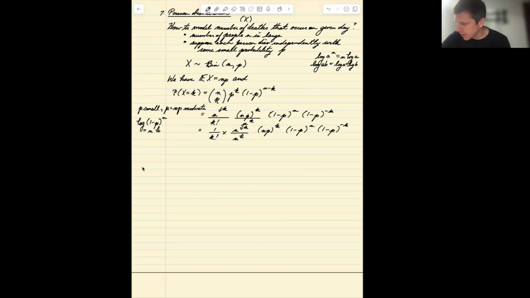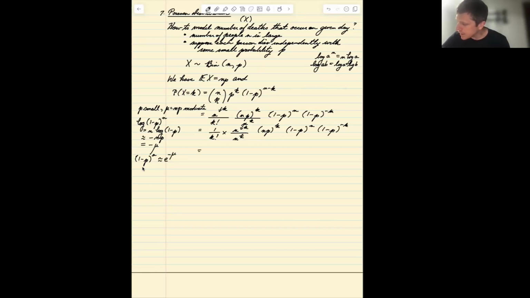So this is equal to n log(1 minus p). For very small values of p, log of (1 minus p) is like minus p. So this is approximately minus np, which is equal to minus mu. So that means that for small values of p, large values of n, (1 minus p) to the n is approximately e to the minus mu.